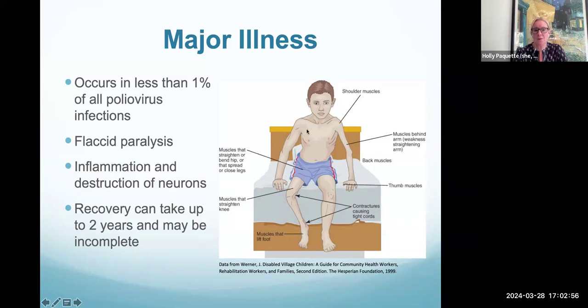All of these would be ways that we would see the symptoms of what we would call major illness. We would see also, if we looked inside the body, that there's inflammation and destruction of the neurons, or those nerve fibers that are taking a message from the brain out to the body and from the body back to the brain. If you suffered from a major illness from poliovirus infection, typically we saw recovery would take up to 2 years, and for some people, they never recovered.